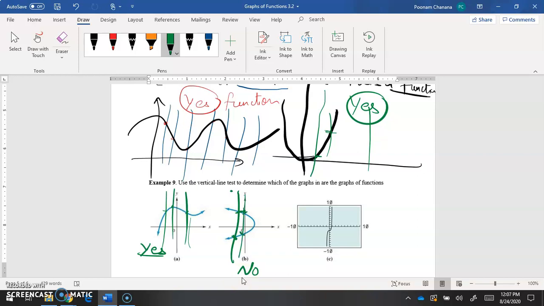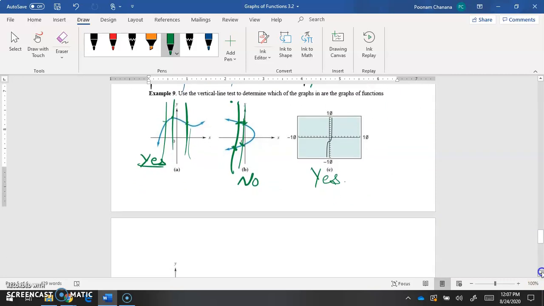All the vertical lines can meet the graph in at most one point only. If that is true, then we say that this is a function. If not, this is not a function. This last example, it's a small curve like that. If you draw any vertical line, it is going to meet the graph at a maximum of one point. So yes, this is a function.